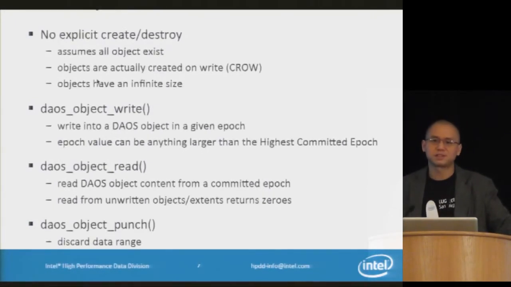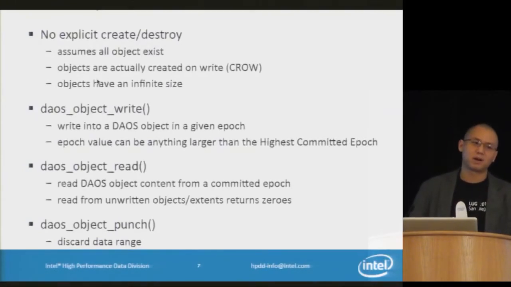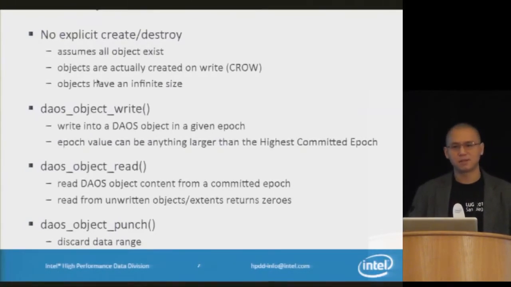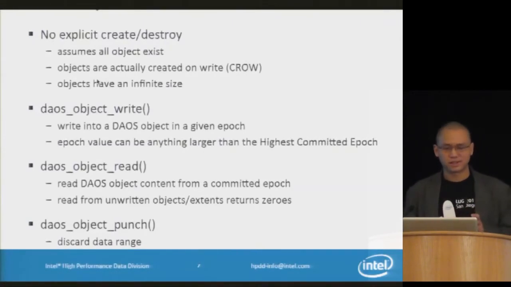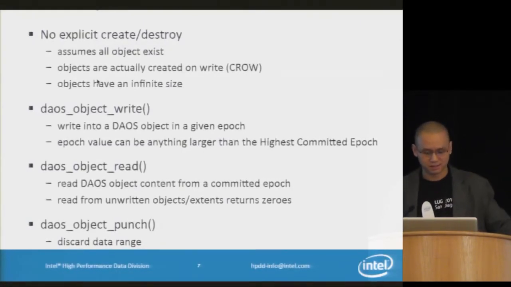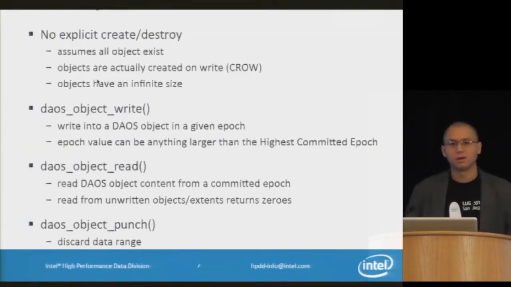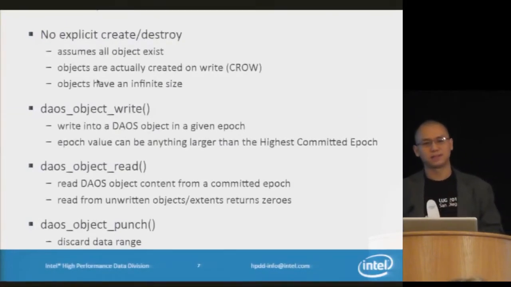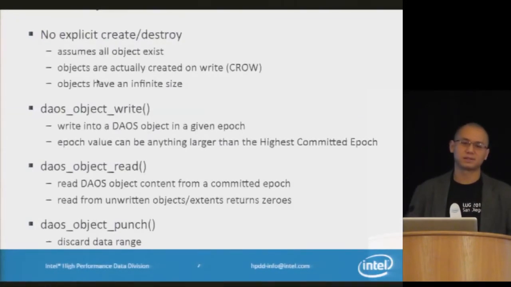A DAOS object lives inside the container shard, and it can be identified by object ID. The high bits of the object ID can address a single shard inside a container, and the low bits of the object ID can address a single object inside a shard. A DAOS object is really a byte array, and the user can read, write, and overwrite an arbitrary number of bytes from any offset.